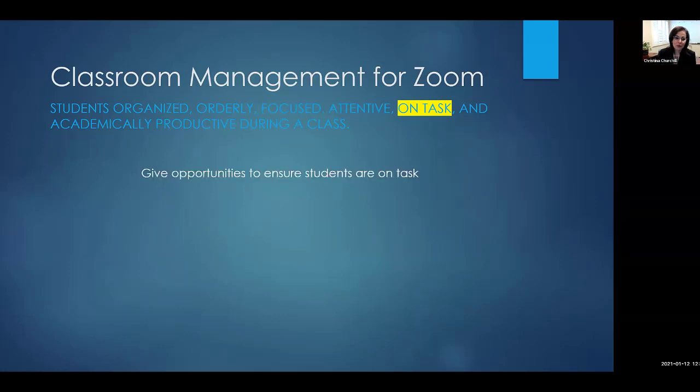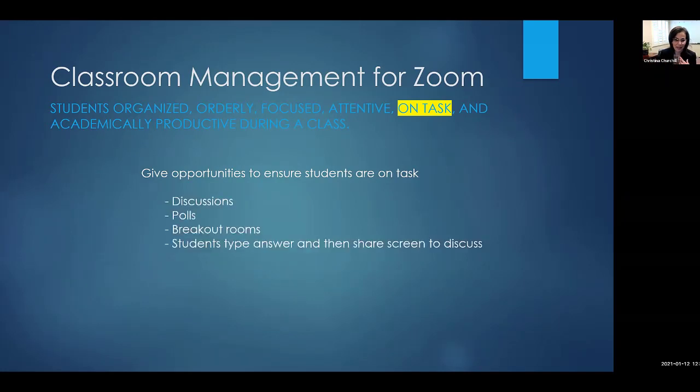So give opportunities to make sure that students are on task. Some of the opportunities are discussions, as we talked about, polls, using breakout rooms. And another thing that I like is, you talk about something and you pose a question, and now, ask a student, and everybody has to write the answer, let's say in Word.